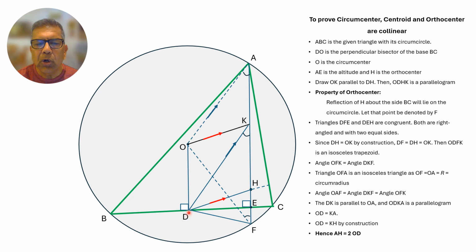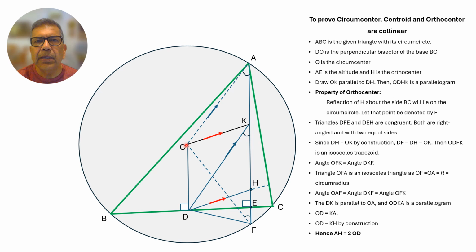Now I'm going to join D and H and also draw a line parallel to DH through O. Let us call that line OK. So OK is parallel to DH.